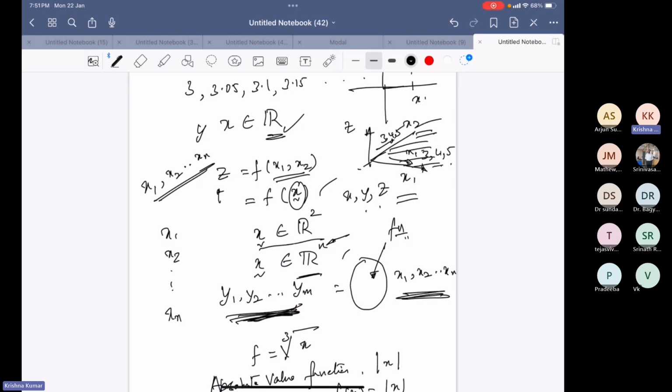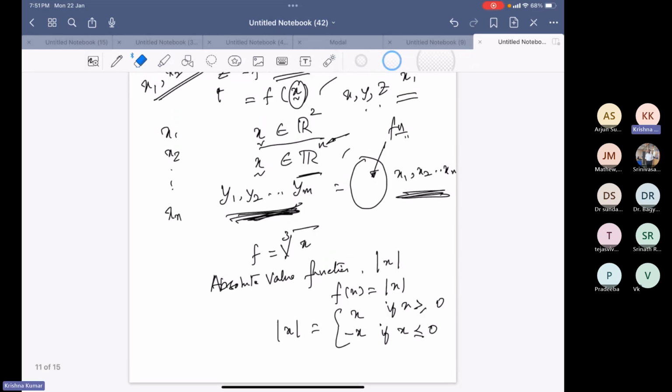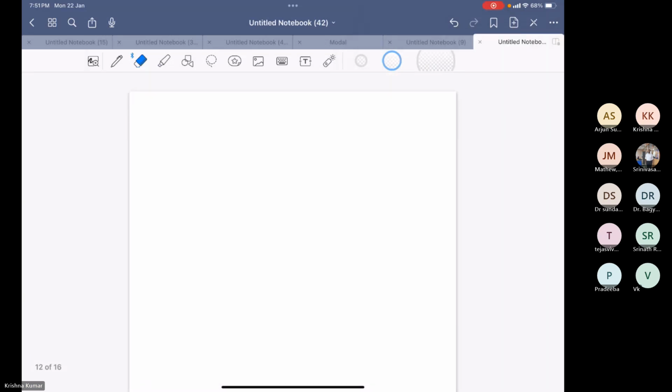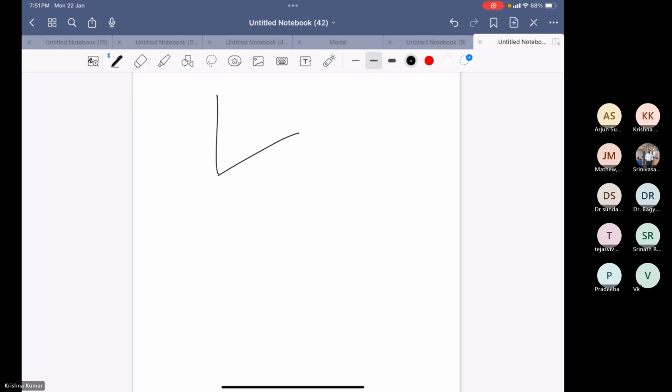So in this region, x1 and x2 can take values from minus infinity to plus infinity. So I take this point, maybe 3, 4.